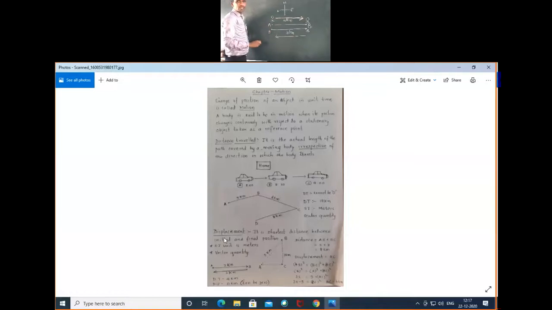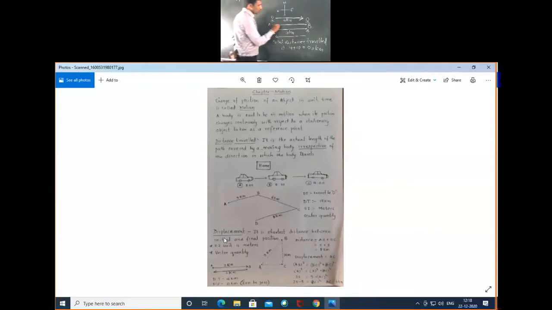So what is the shortest distance between these two points now? So total distance traveled, how much? He went 10 kilometers from A to B, then from B to A he came back. The distance traveled is 20 kilometers, 10 plus 10. But what is the displacement?